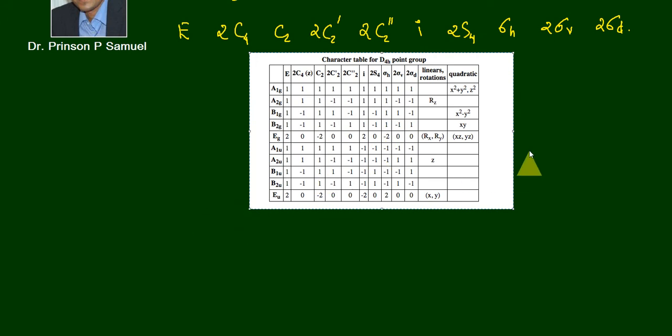And from this character table, I am going to assign the total character belonging to a reducible representation corresponding to the hybrid orbitals present in this molecule. It seems very complicated, but no need to worry. We have a square planar complex here, right?